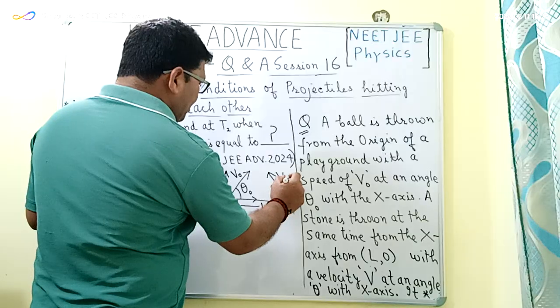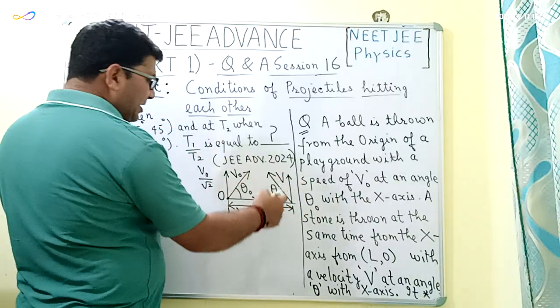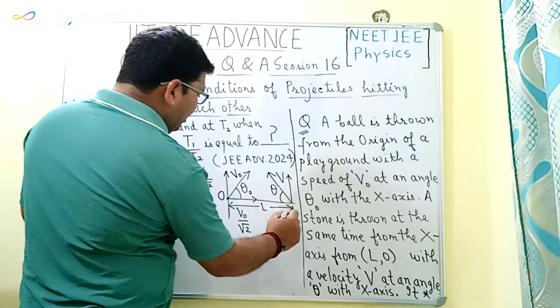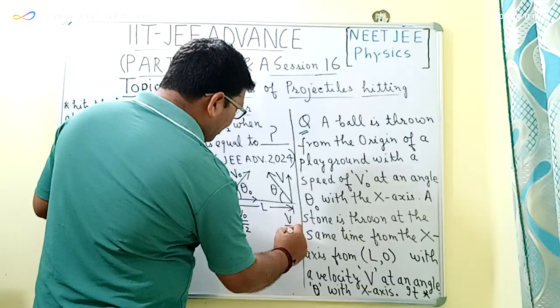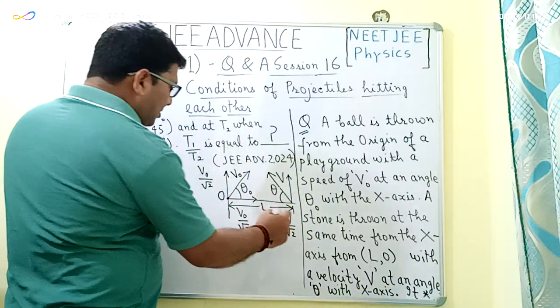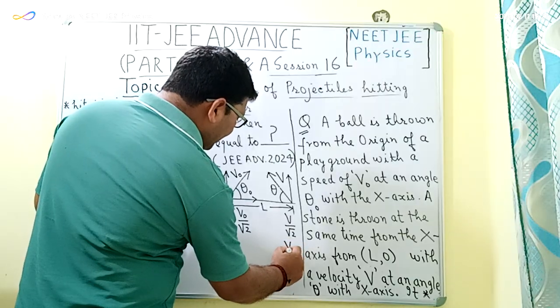In the case of the stone, the vertical component will be v upon root 2, and the horizontal component will be equal to v upon root 2.